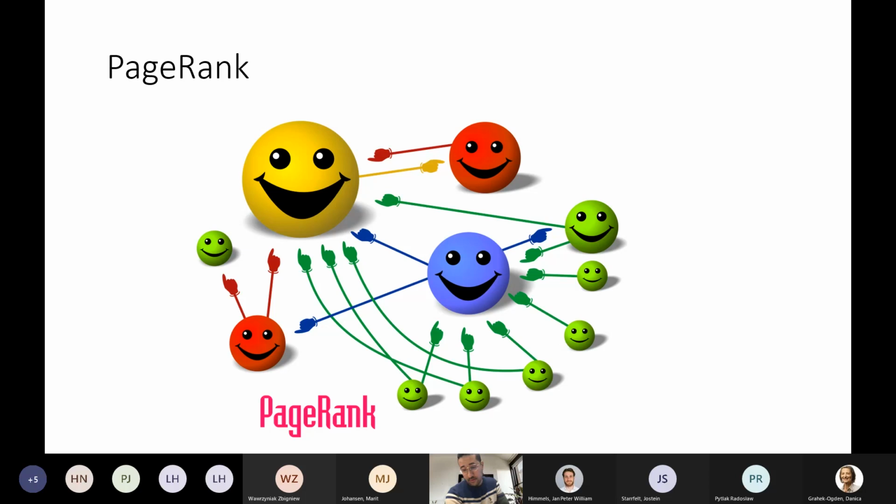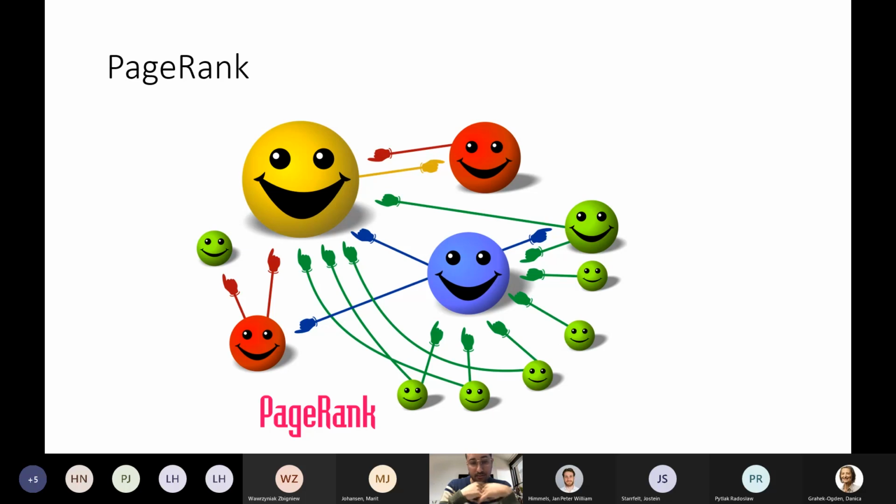So I will start with one of the simplest and most famous algorithms on the internet, called PageRank. It was developed by Google in the early stages of the internet, and what the PageRank algorithm does is give an importance or a rank to different web pages according to some graph theoretical measures. And the idea of PageRank is so simple.